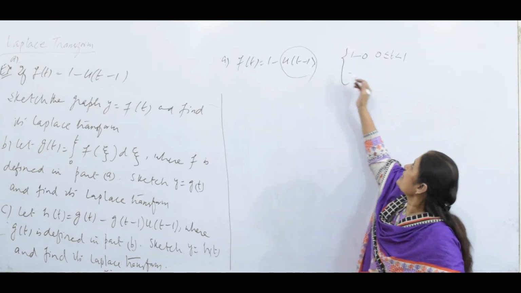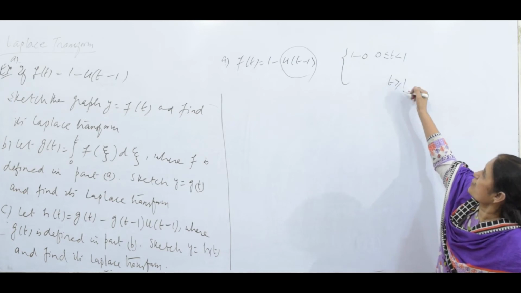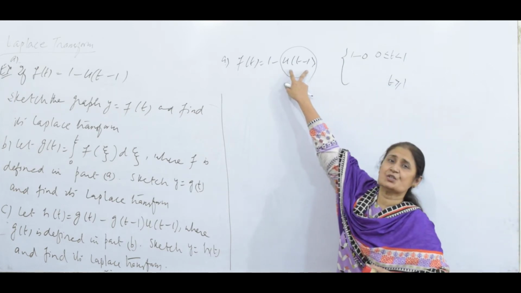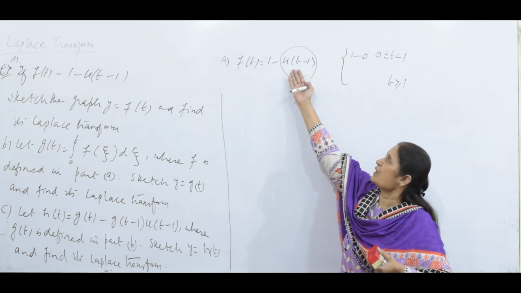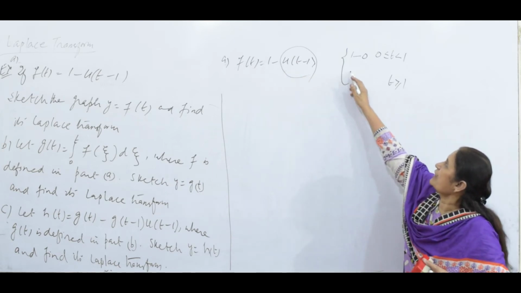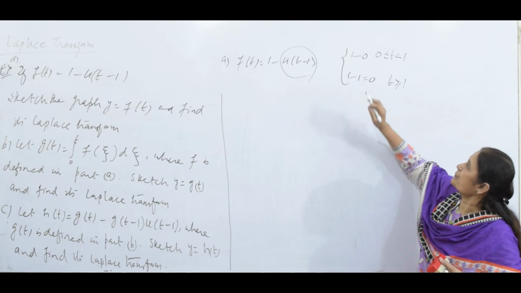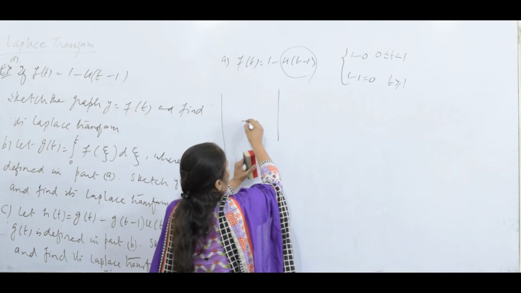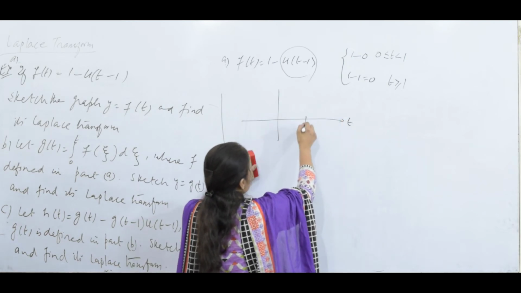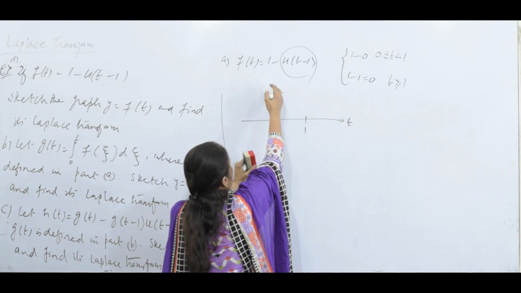And next, for t greater than or equal to 1, the unit step at t equal to 1 is on. Its value is 1, and 1 minus 1 is 0. So you have to sketch like this: this is t, this is 1, 0, here f of t.